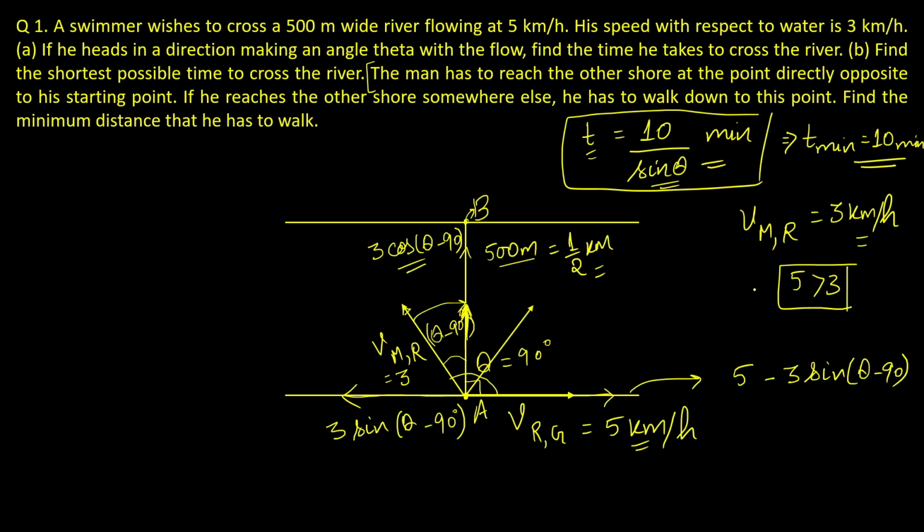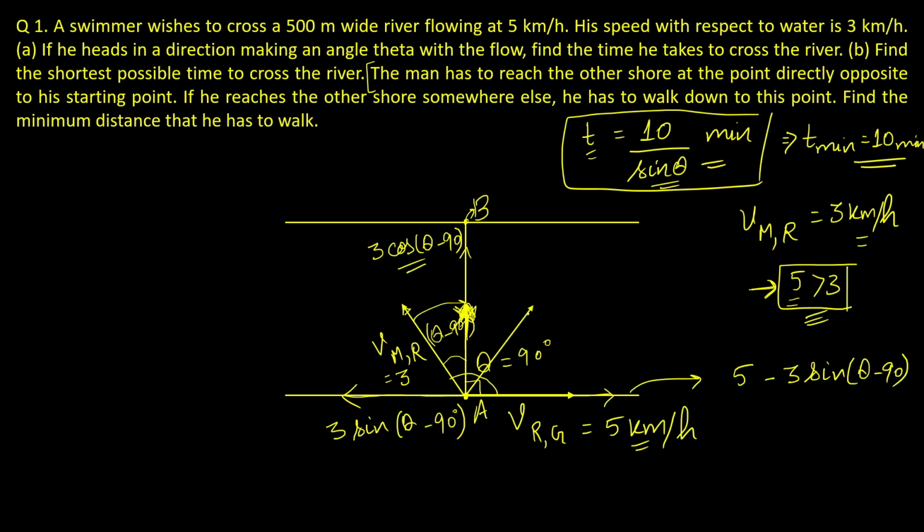But we have already discussed over here that the velocity of current, the velocity of river with respect to ground, is greater in this case than the velocity of swimmer with respect to river. That's why, with respect to an observer on the ground, this man will not be able to go in a direction perpendicular to the speed of current, that is in this direction. It's not possible because of this condition.